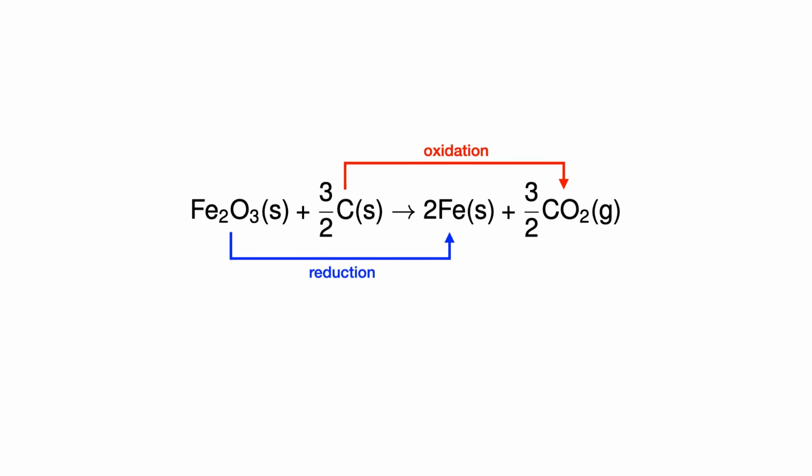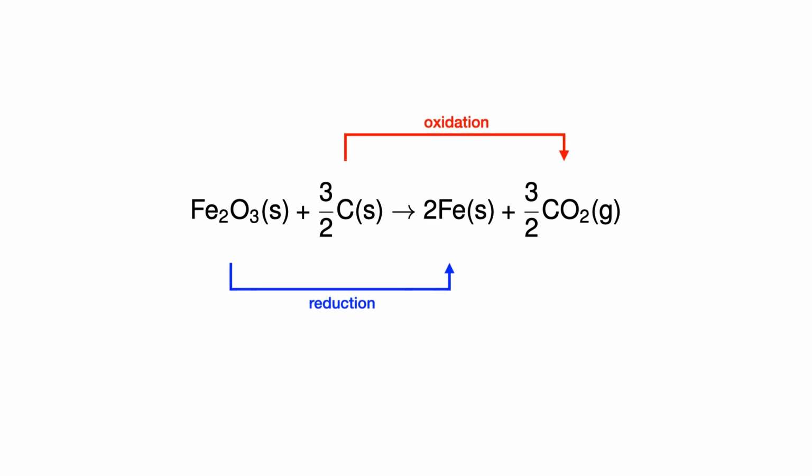If we look at this a little more closely, iron oxide is an ionic compound. It is made up of iron ions and oxygen ions, and in this particular compound, those ions are Fe3+ and O2-. There's 2 of the iron ions, 3 of the oxygen ions, and so altogether the charges cancel out, and it's a neutral compound overall.